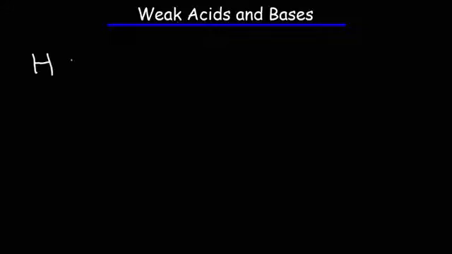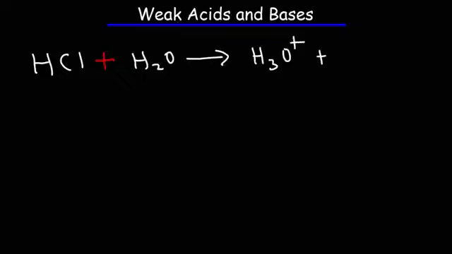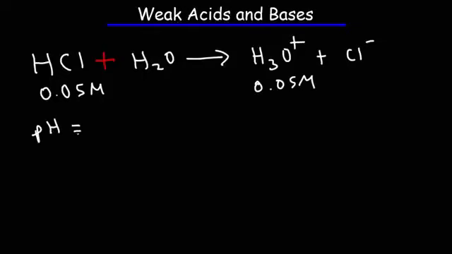Now, if you recall, when a strong acid like hydrochloric acid reacts with water, because it's a strong acid, it will dissociate completely. So we could use a single arrow to represent this reaction. If the initial concentration of HCl is 0.05, as it dissociates completely, the hydronium ion concentration will be the same. So you can just calculate the pH of the solution using this formula.